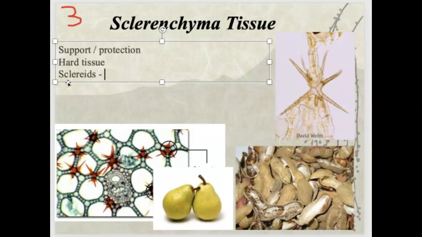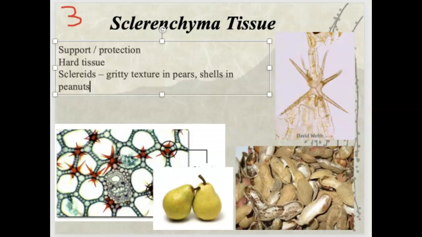So sclereids make the gritty texture in pears. If you've eaten a pear and you bite down, and as you're chewing on the pear, you notice it's kind of gritty. It almost feels like there's little pieces of sand in it. Those are the sclereids that you're chewing on.